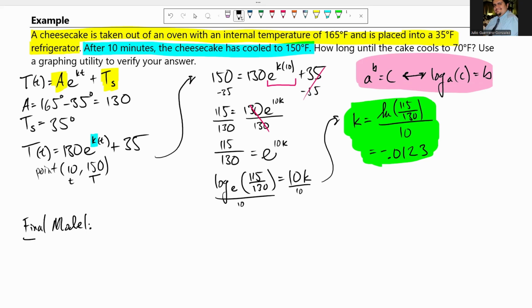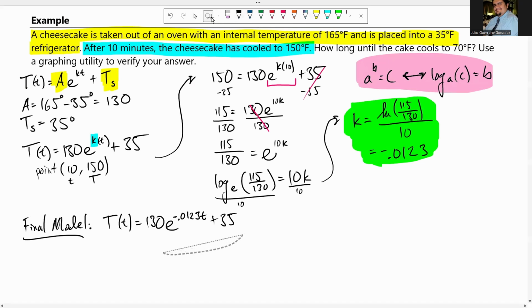Our model equation for this scenario is going to be T of t is equal to 130 e to the negative 0.0123 t plus 35.